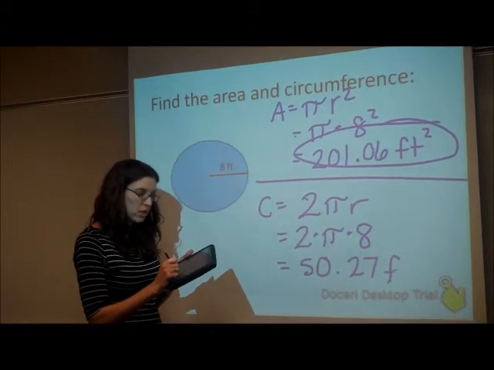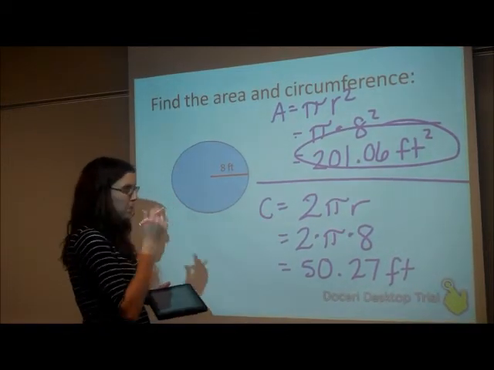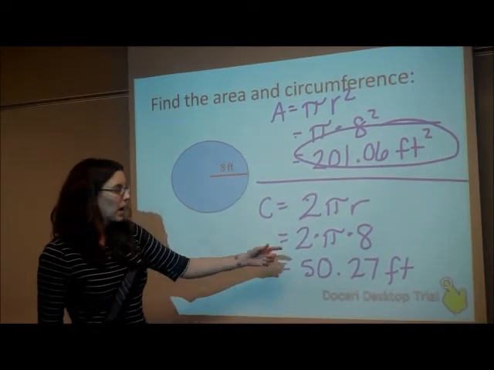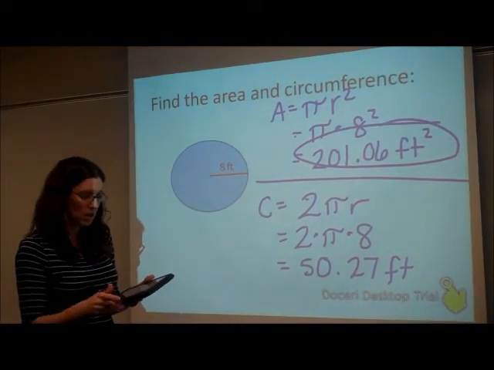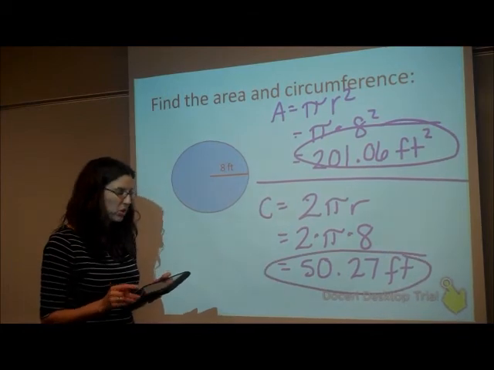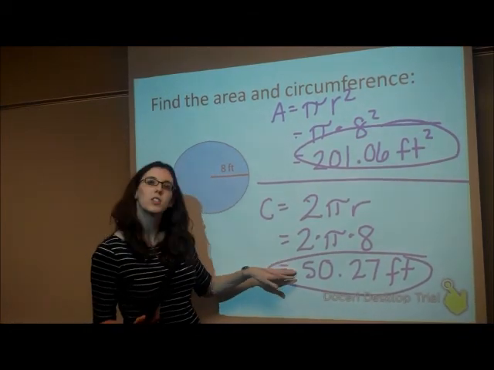And with circumference, it is just feet. If you had used the diameter, you would have 16, the 2 times the 8. Okay? So my area was 201 square feet, circumference is 50 feet.